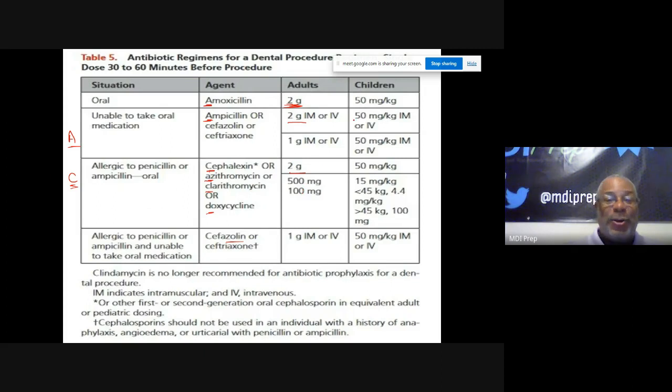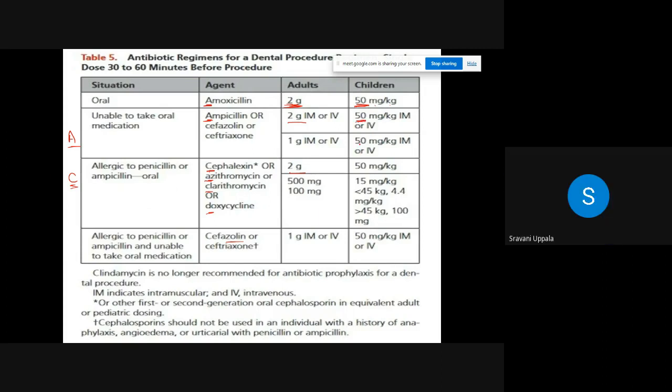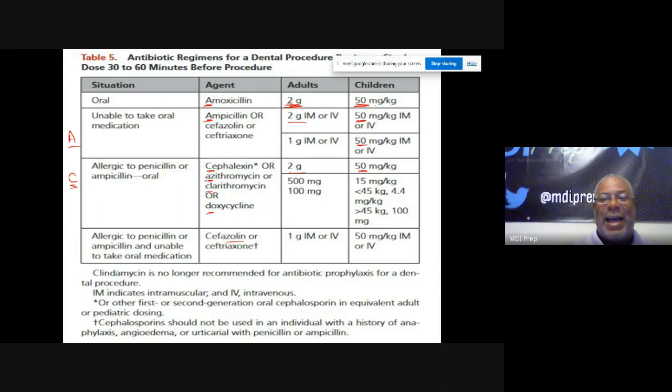Now, in children, it's going to be 50. Remember the number 50, 50 milligrams per kilogram, because you're dosing by body weight. Does everybody understand that? Okay, good. I could go further down here, but honestly, you really won't get down that far. Your answers are going to be somewhere up in this area.